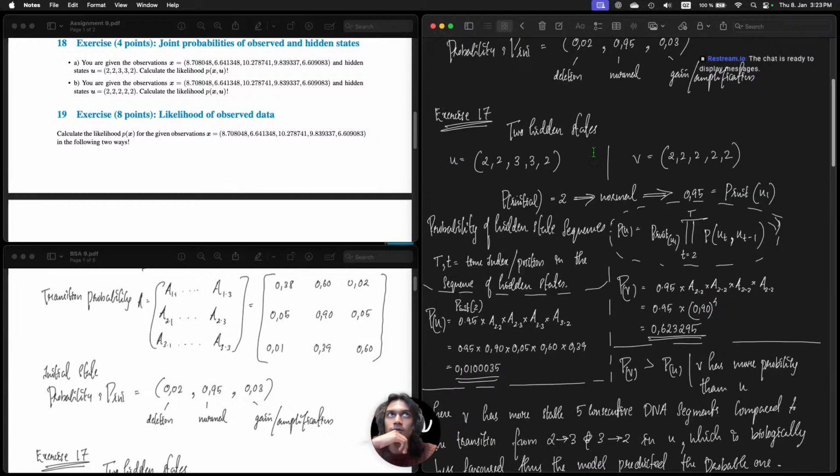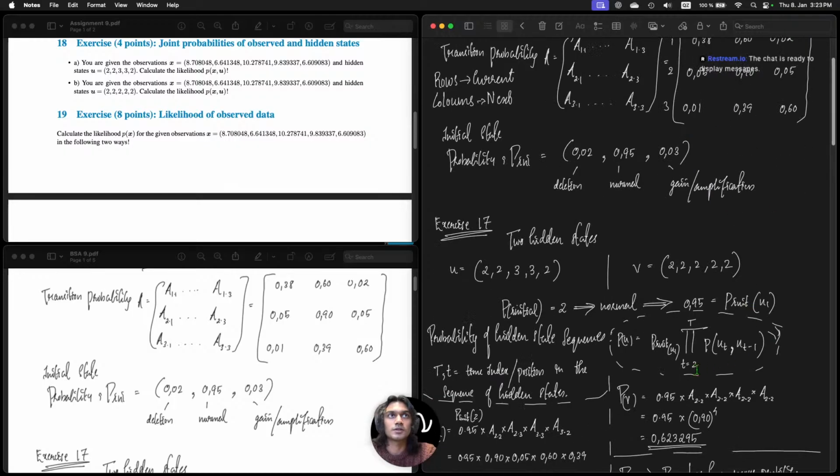P initial here is the same for both, so it's normal. It's 0.95, which is a 95% probability, which is usually the case. So the formula is P equals P initial times, I forgot the name of the symbol, the product of the probability numbers from the transition matrix.